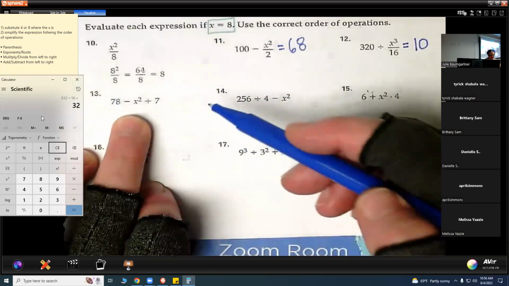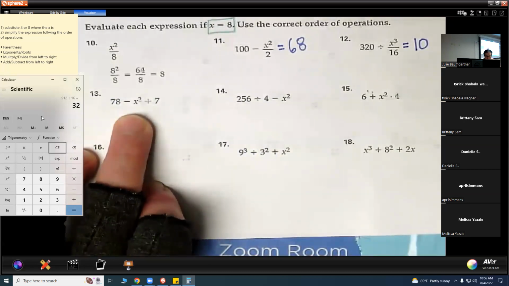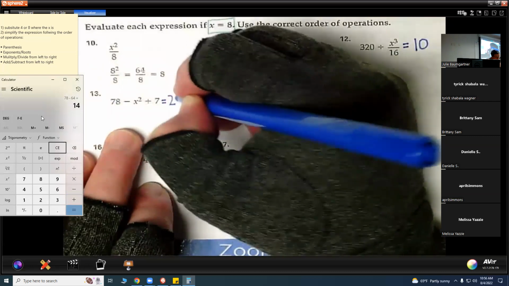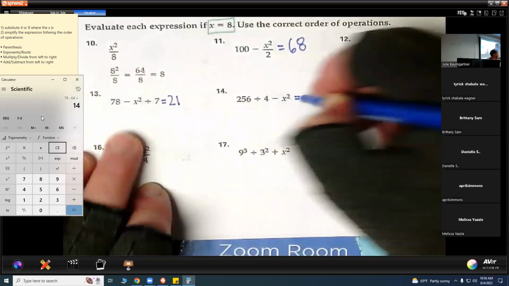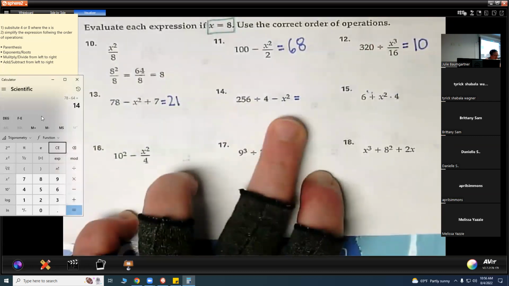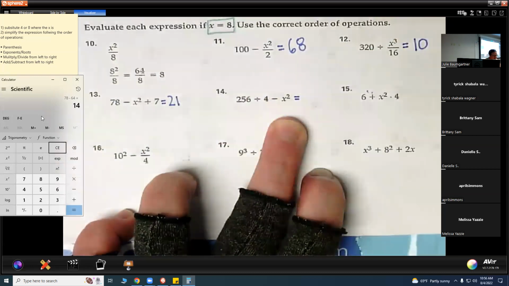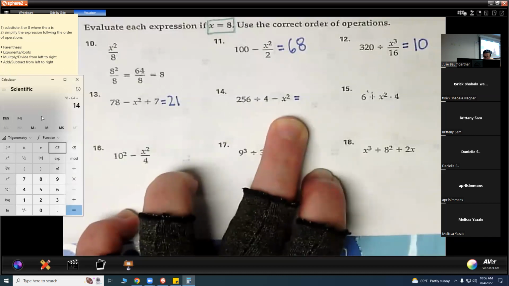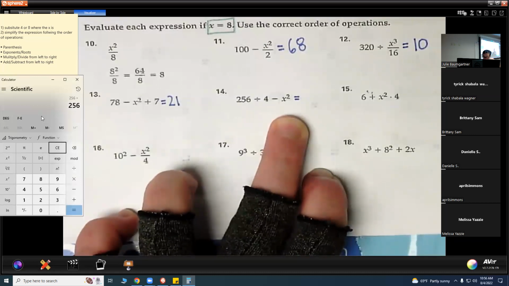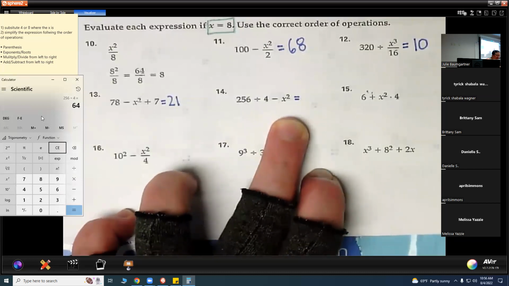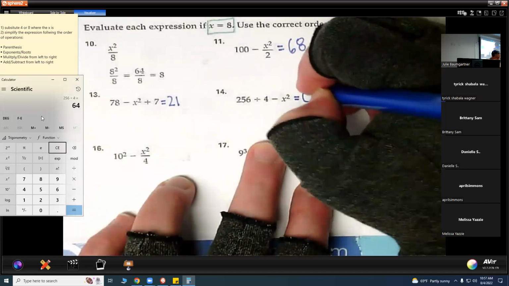And then remember, we're going to work left to right. So 78 minus 64 plus 7 is 21. So here we have 64, but we have to do our dividing before we do our subtracting. So 256 divided by 4 is 64. 64 minus 64 is 0.